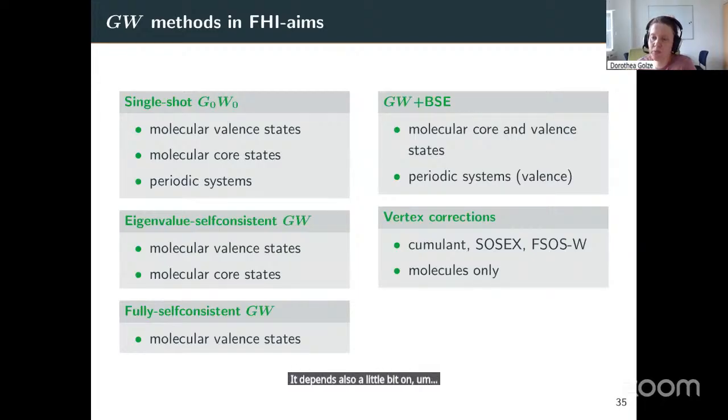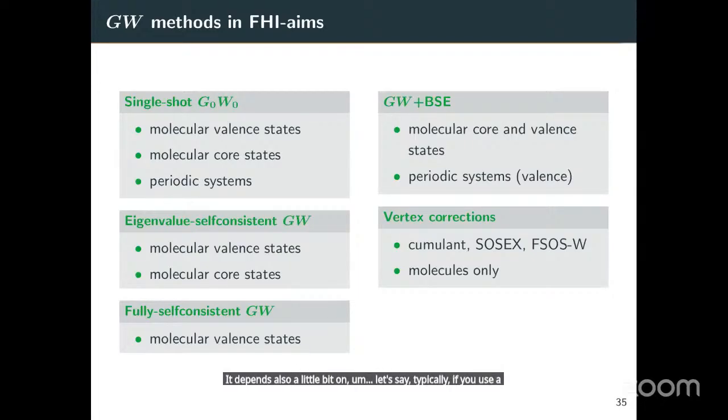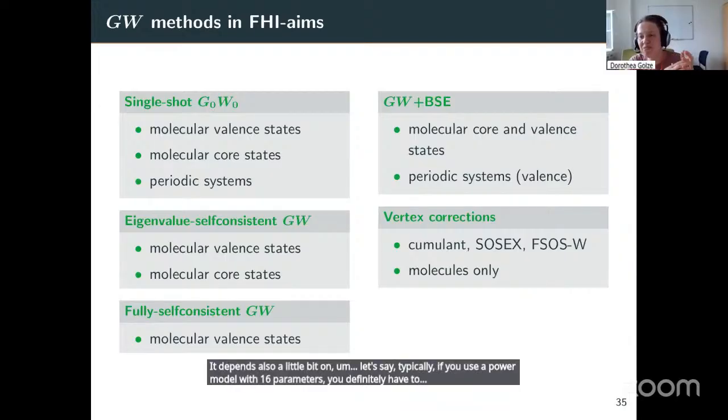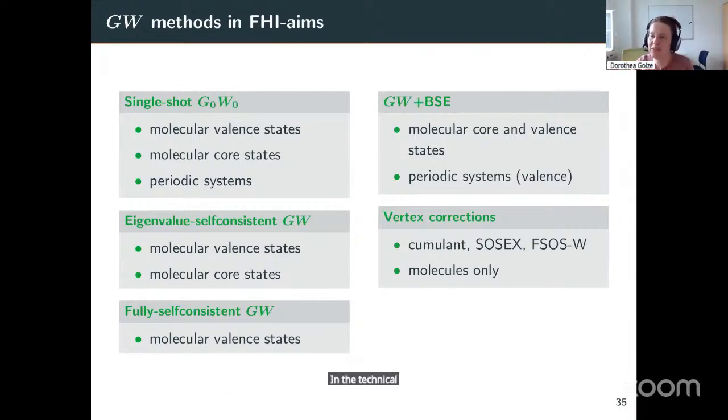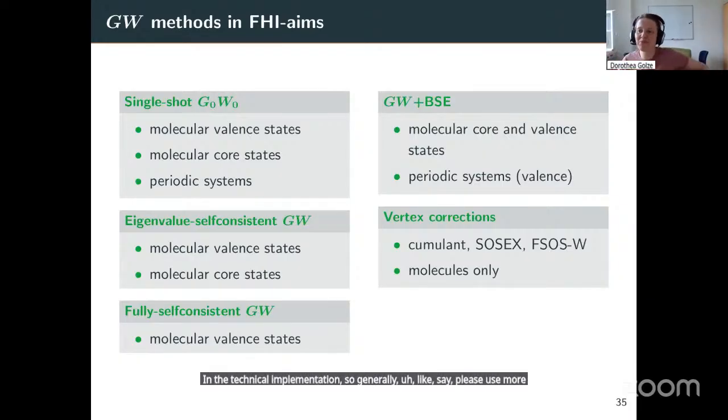It depends also a little bit on, let's say, typically if you use a Padé model with 16 parameters, you definitely have to use at least 16 frequencies. But it's better to use more, because they also enter in the second part where you do a numerical integral in the technical implementation. So I would generally say, please use more than 16 frequency parameters.